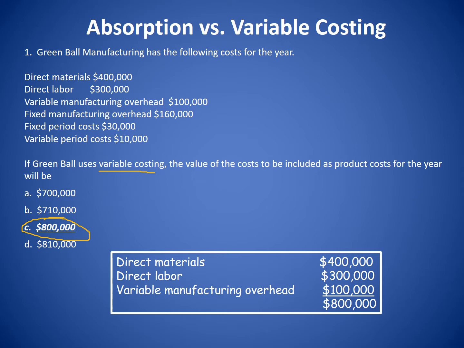So we know direct materials are variable costs, direct labor is also variable cost, and so is our variable manufacturing overhead. So our variable product cost will be $800,000.